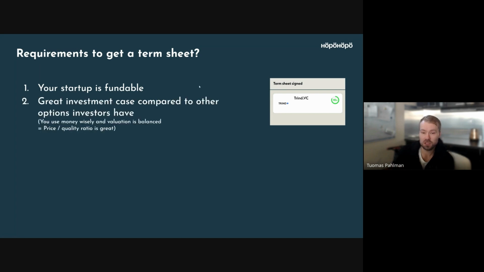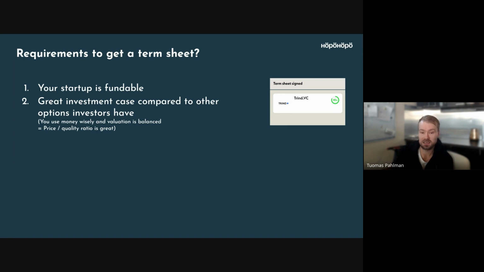Then last week, we discussed that it's not only about your startup being fundable, but it needs to be a great investment case compared to the other options investors have. Investors can choose from a lot of startups, and they can also spend their money on other asset classes. So you need a great investment case on top of being fundable.